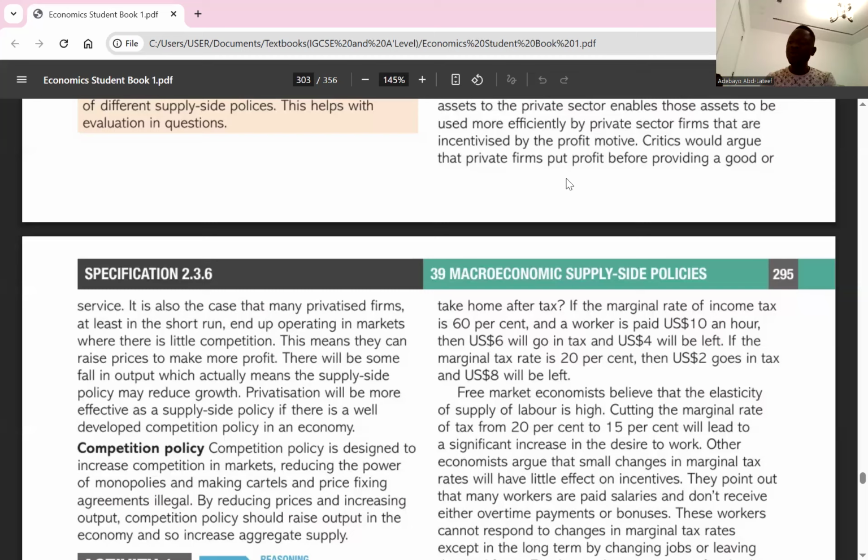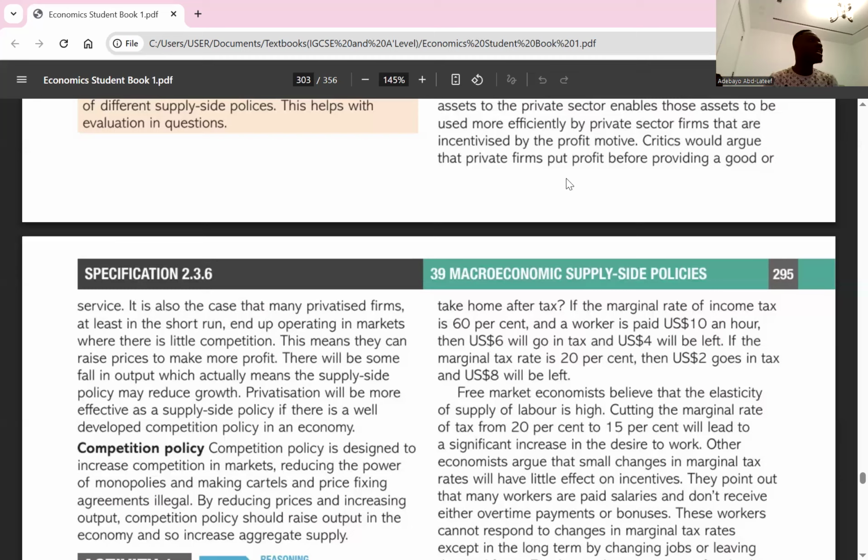Therefore, privatization will be more effective as a supply-side policy if there is a well-developed competition policy in an economy. So for supply-side policy to be effective, the government has to come up with competition policy. Without competition policy, privatization will not be effective. Why? With privatization, the production of goods and services lies in the hands of the private sector.